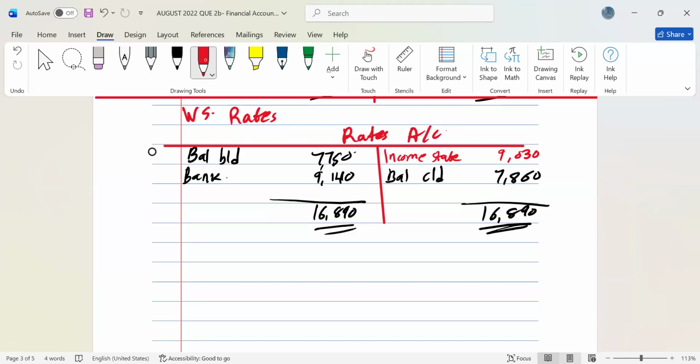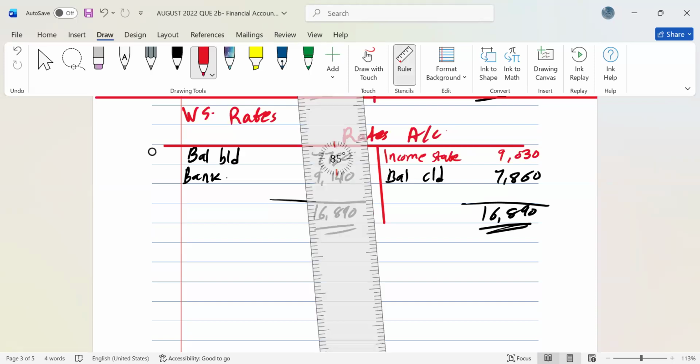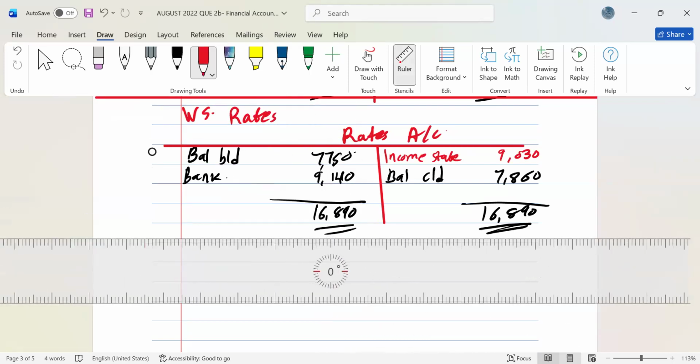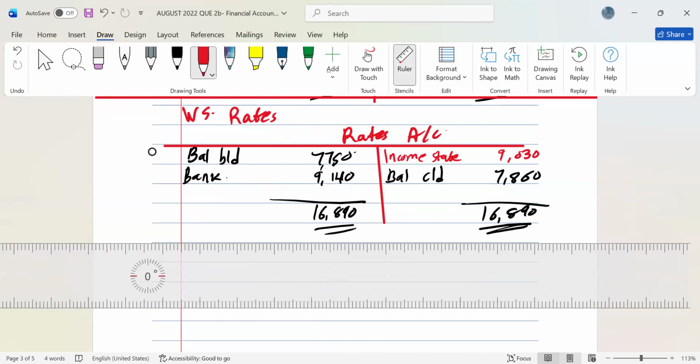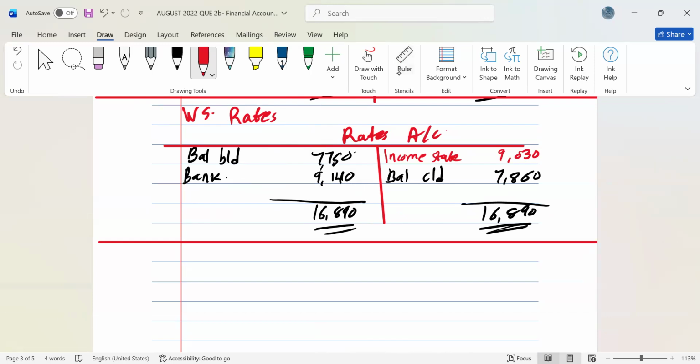Now, which other figure do we really need to work on? Go to working number 6. You can do workings for salaries and wages.